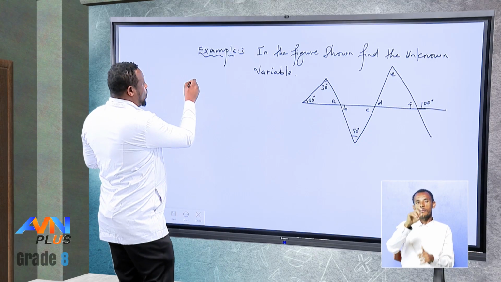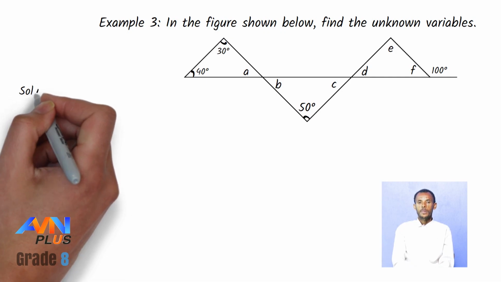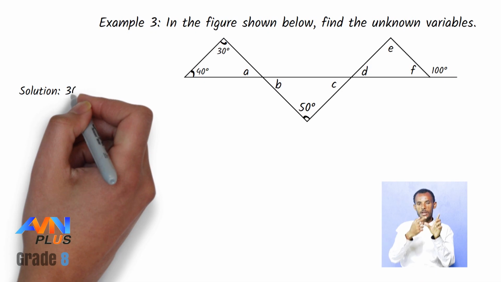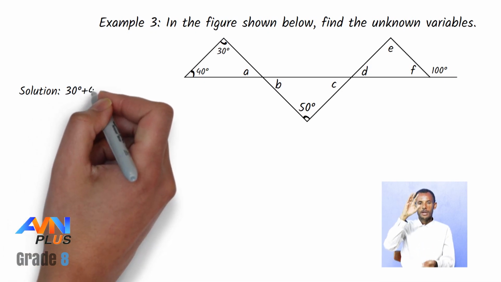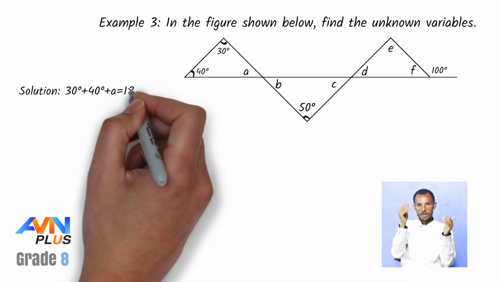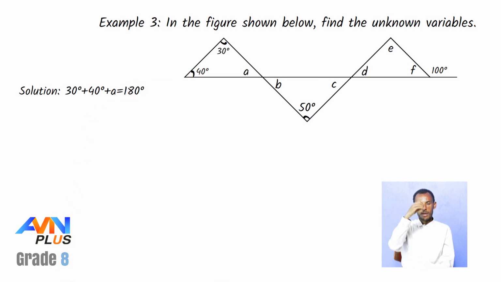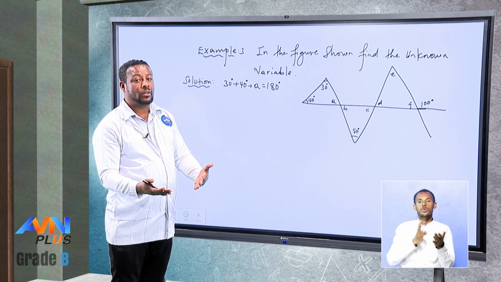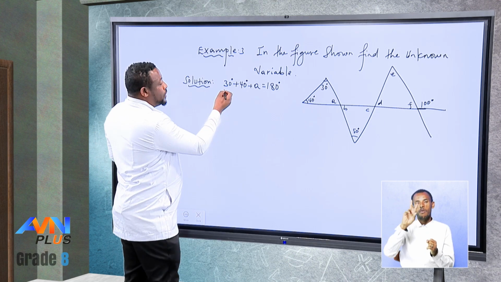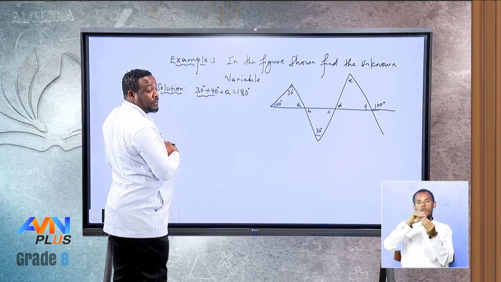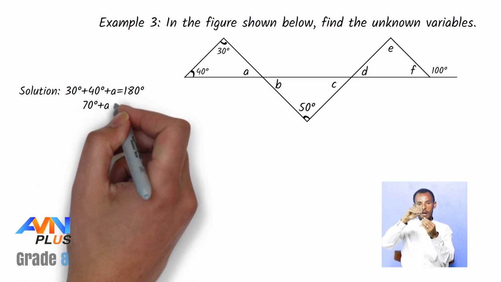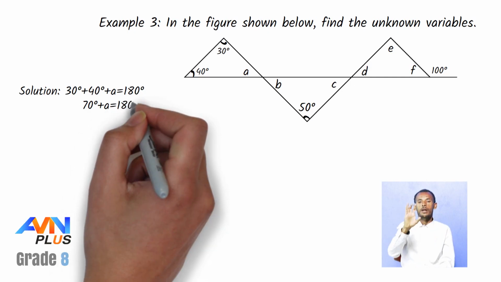So these three angles, 30 degrees plus 40 degrees plus A is 180 degrees. From this we can obtain the unknown variable A. The sum of these two numbers is 70. 70 degrees plus A is 180 degrees, right?